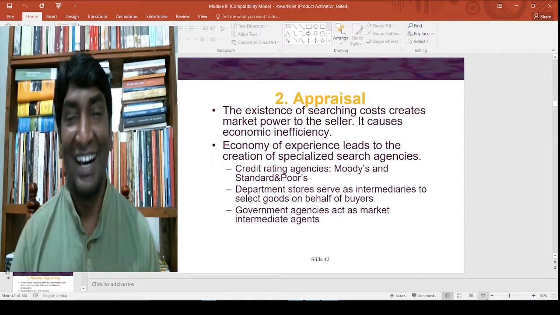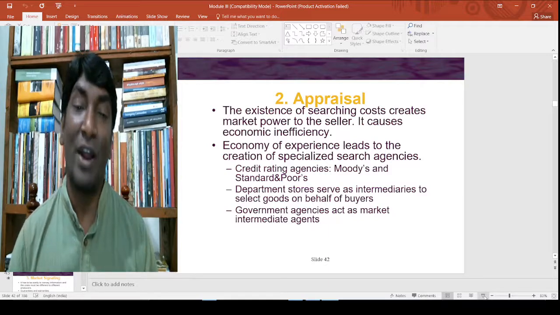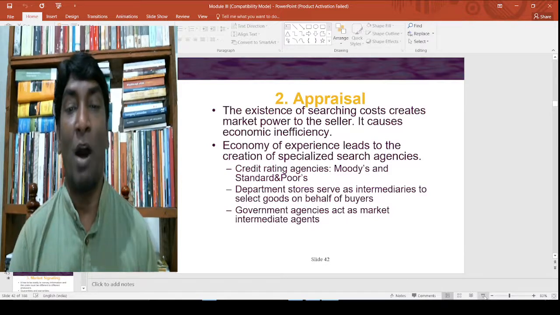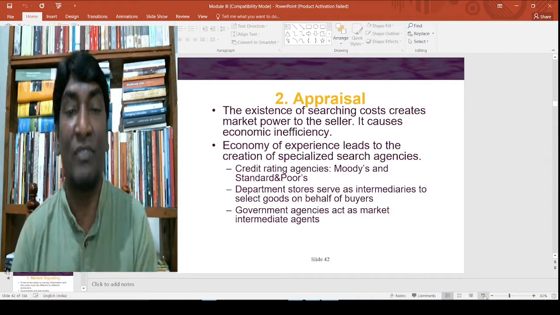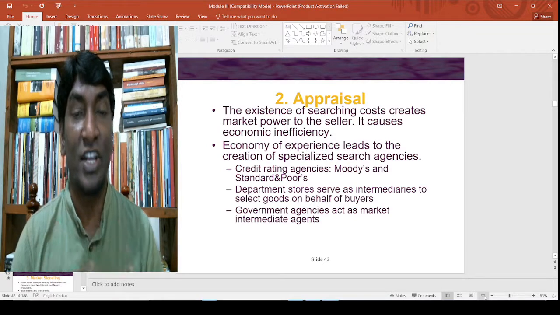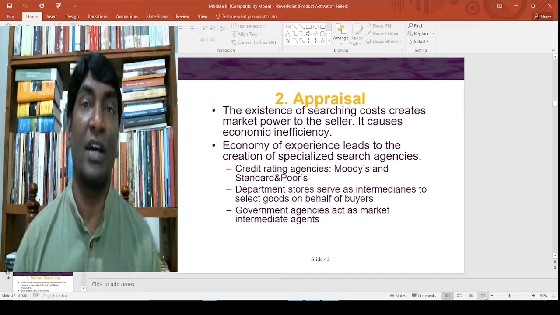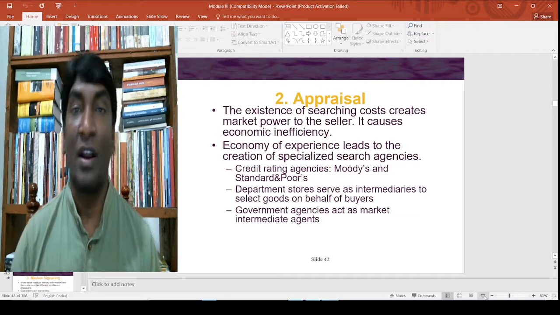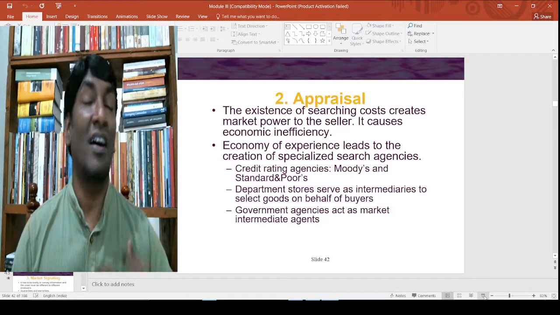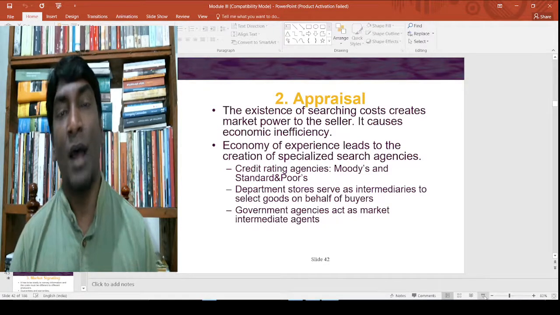Now what we can see in the case of appraisal is also very interesting, because the existence of search cost creates market power for a seller, which causes economic inefficiency, and this leads to the creation of specialized search agencies and credit rating agencies. For example, Moody's and Standard and Poor's say X companies are creditworthy and Y companies are not creditworthy. These are called appraisal, which is done by a third party.